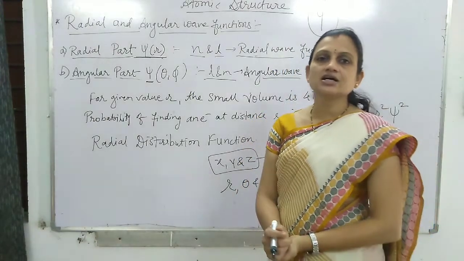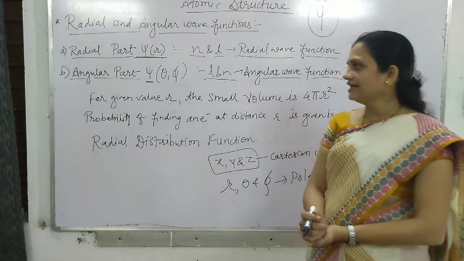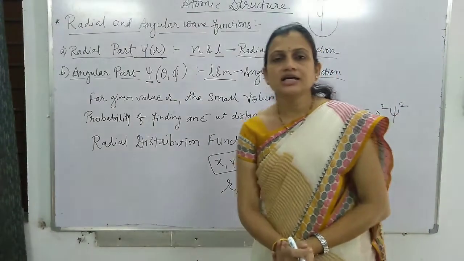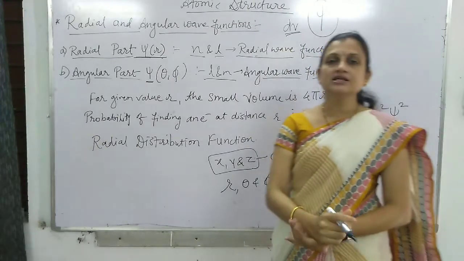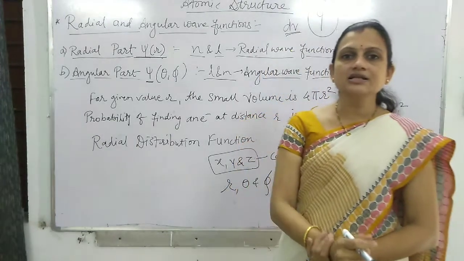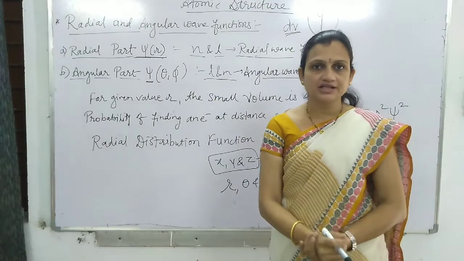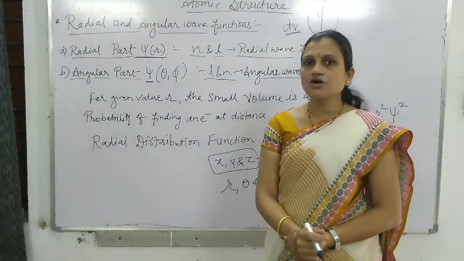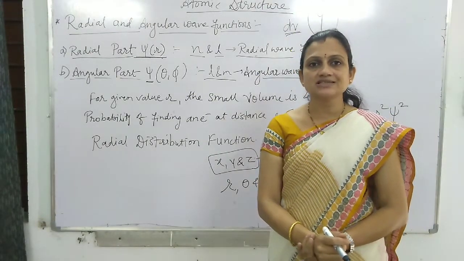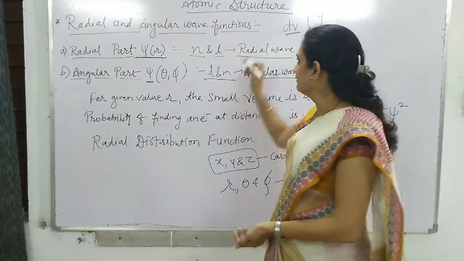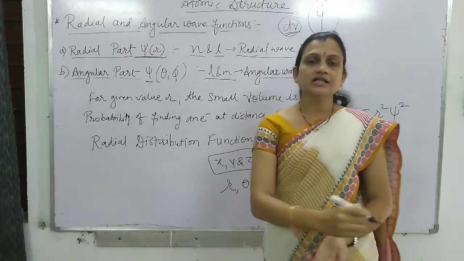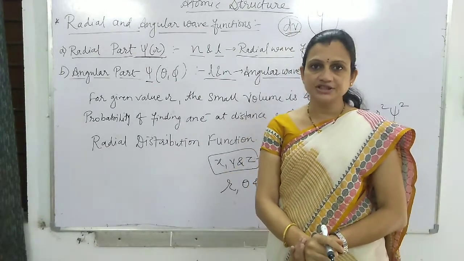It represents the probability of finding an electron in the given volume dV, in the given region.